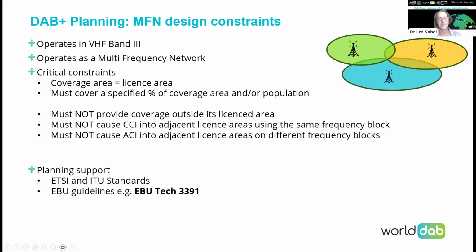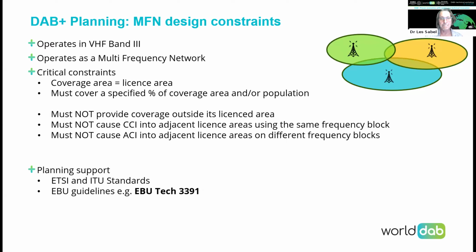So let's look at the design constraints now. We know we operate in VHF band 3. We're operating as a multi-frequency network. The critical constraints, in this case: the coverage area needs to be the same as the license area, and generally must cover a specified percentage of the coverage area and/or the population in that defined coverage area.